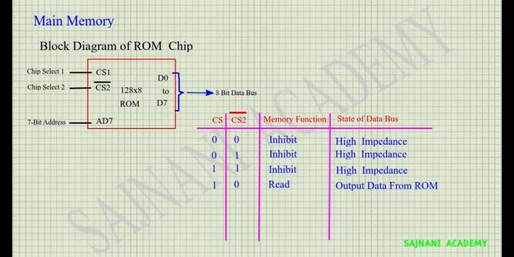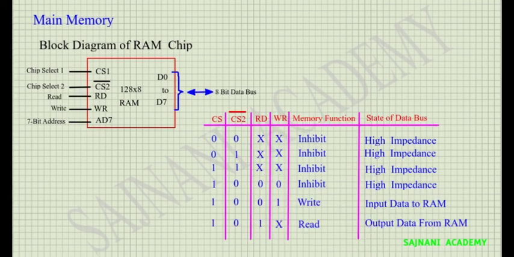In this case, if you see carefully, the data bus is unidirectional because we can only read the data, whereas if you see carefully in the RAM IC, the data bus is bidirectional. Here you can see the data bus is bidirectional. That means data can be entered into the chip or data can be read from the chip.